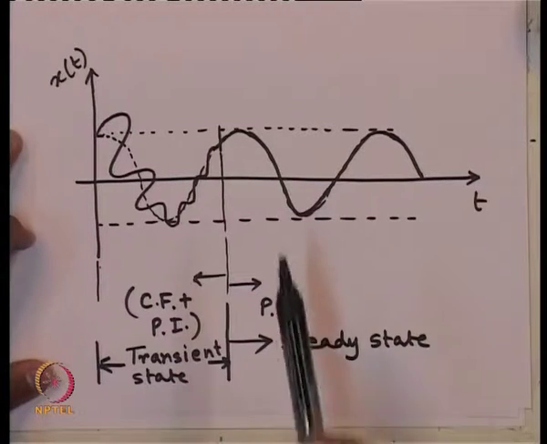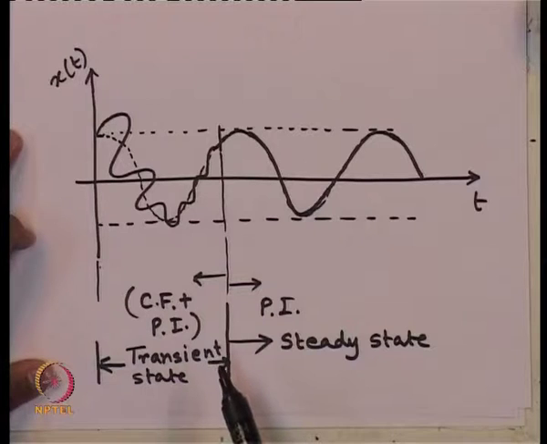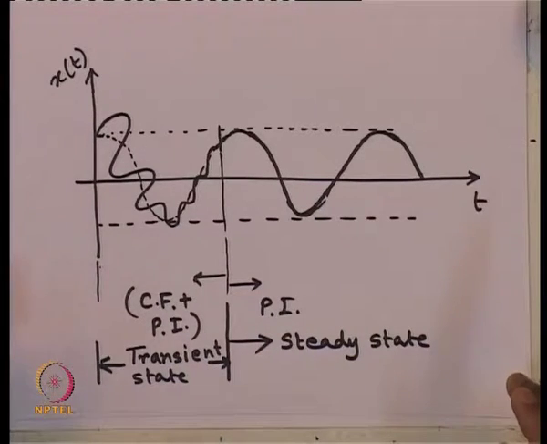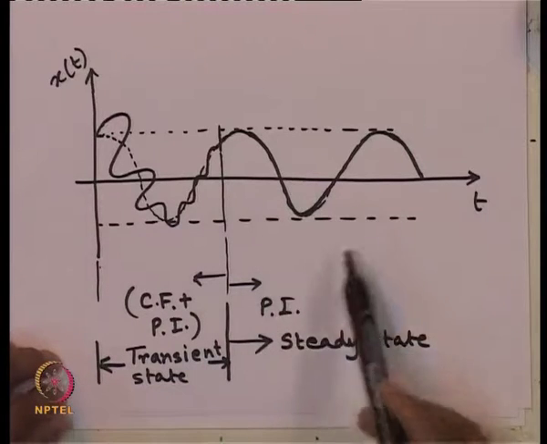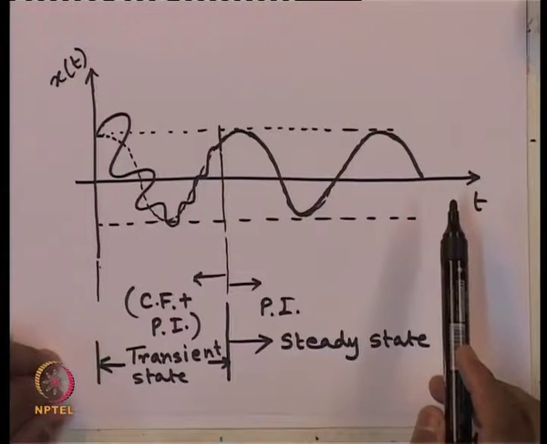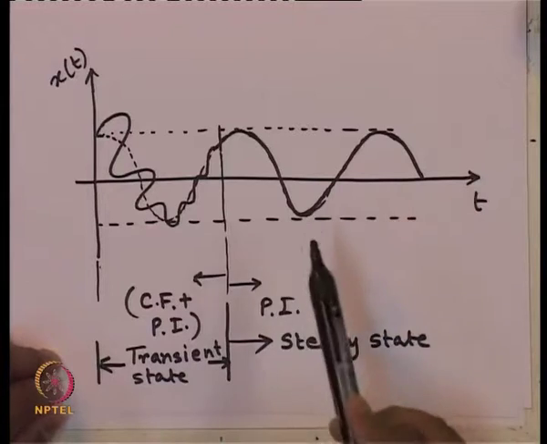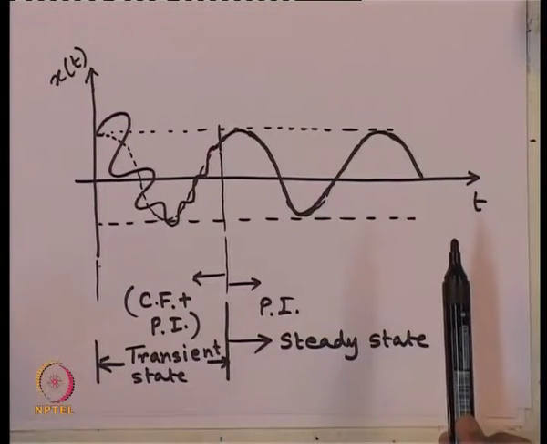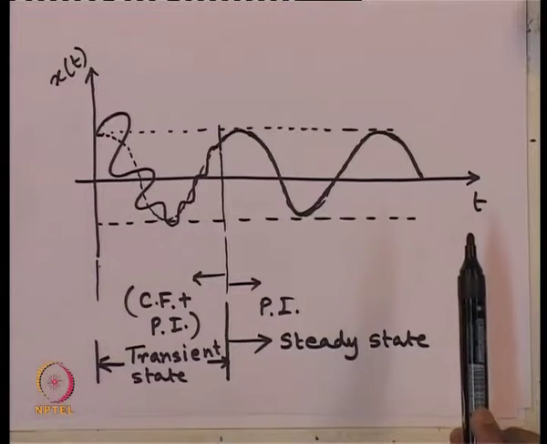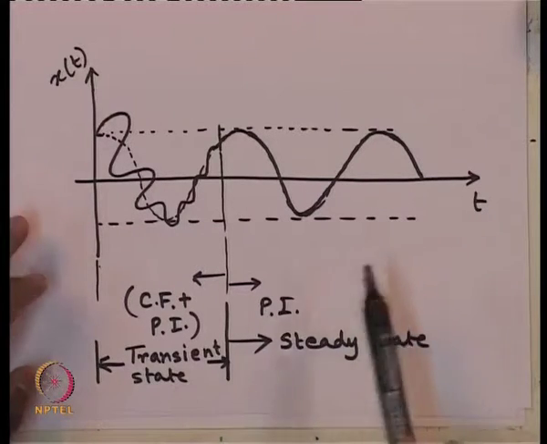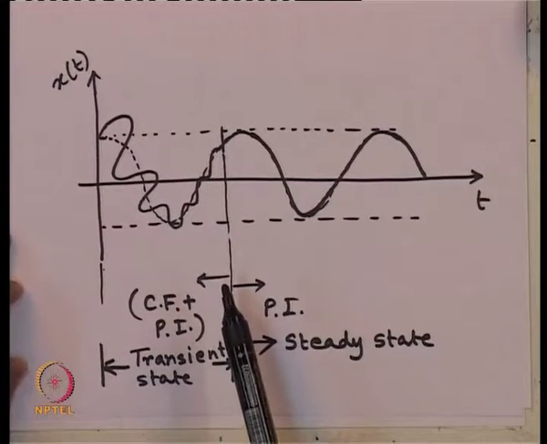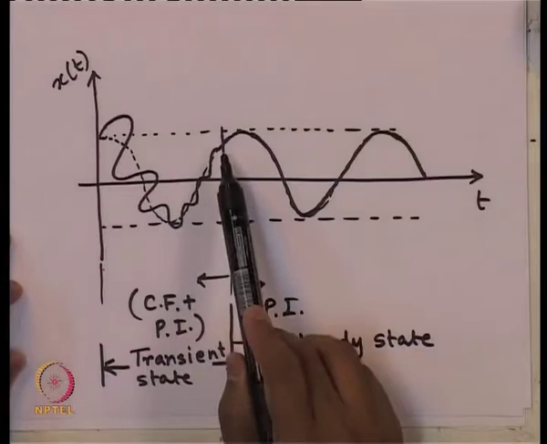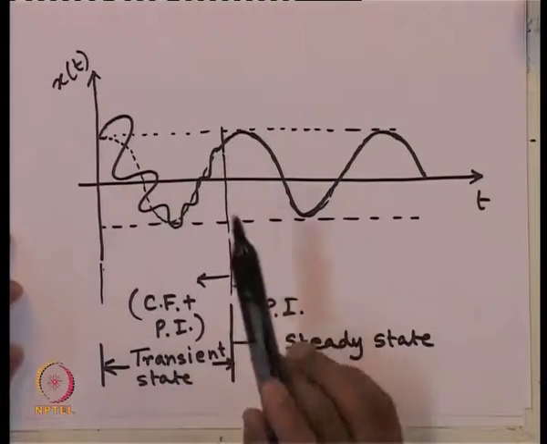We can say that a system has reached its steady state condition when the response becomes harmonic. Or, to generalize more, the steady state of the system has been reached when the initial conditions have died down.